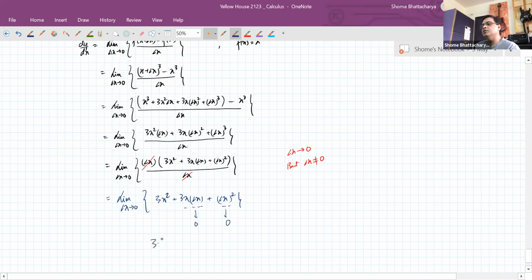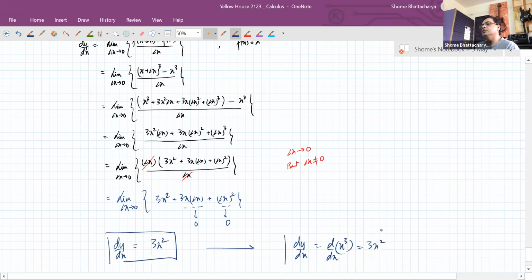So what I'm left with is 3x squared. So finally, this is my conclusion, that dy by dx for this particular value of y, that means the differentiation of the term x cube by algebraic definition, I'm seeing how it reduces to 3x square.